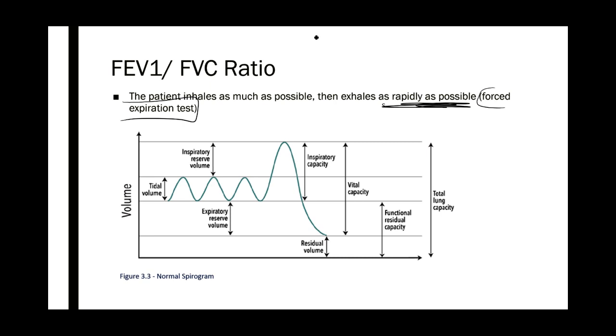Normal is around 4/5, and you measure it in, I forget, liters or milliliters, whatever. But anyway, the ratio is what's important. So our normal ratio is around 0.7 to 0.8.